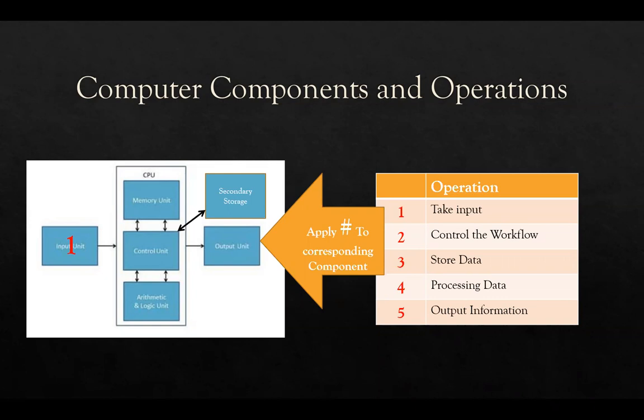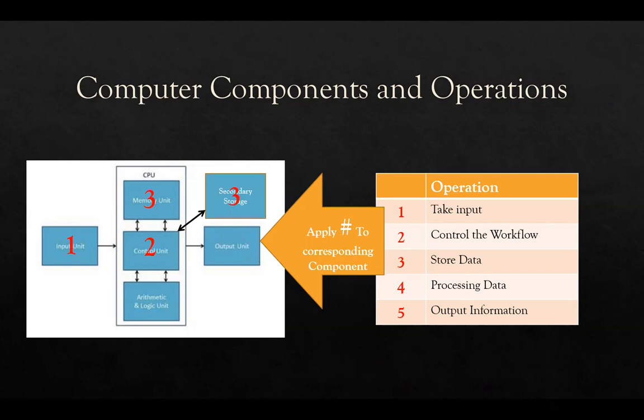Now, where would you put number 2, or control the workflow? There you go, in the control unit. Where does store data, or number 3, go? Actually, because I introduced the hard drive, it's in memory and the hard drive.